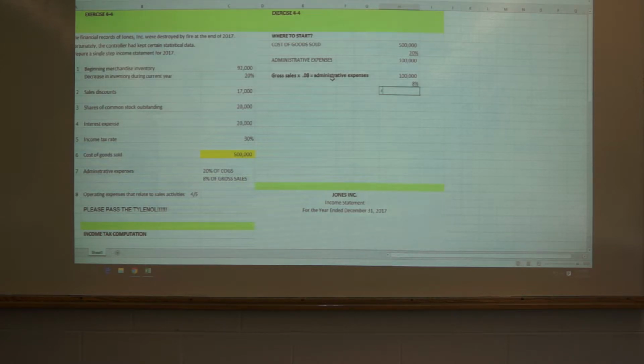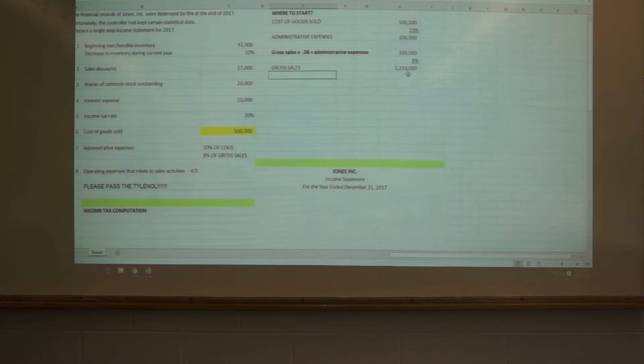So let's see what happens. We divide 100,000 by 0.08, and that gives us, oh, that might make sense. Okay, so gross sales are 1,250,000.